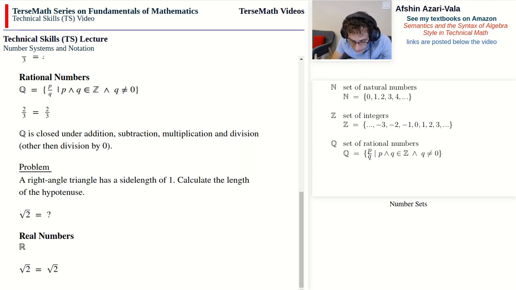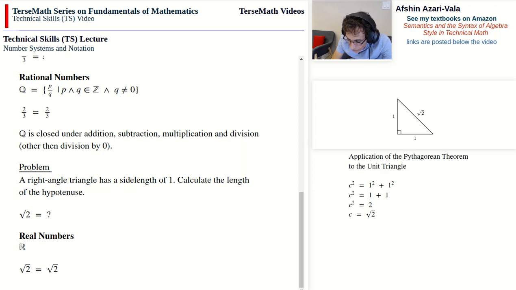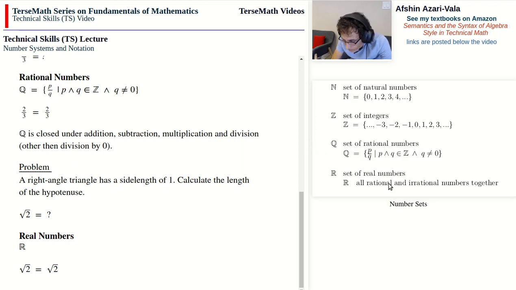Let's take a look at all the sets that we have so far now. There we are. So N, Z, which extends N, includes N. Q includes Z and extends it. And R, by the way, is not just the new set of numbers that we come across, like root 2 or pi. It does include everything in Q in addition to all the new numbers that we may come across.